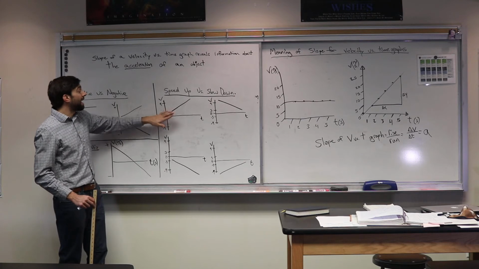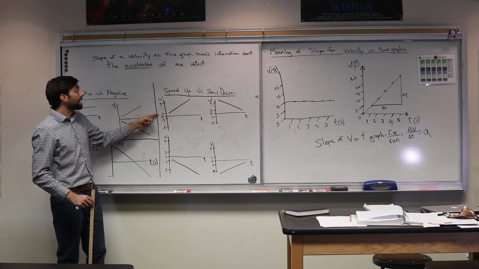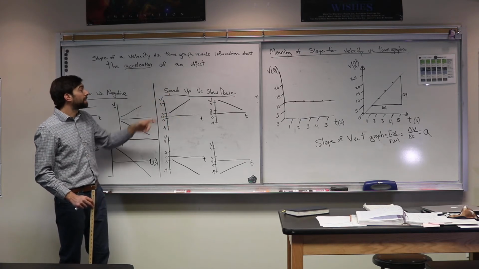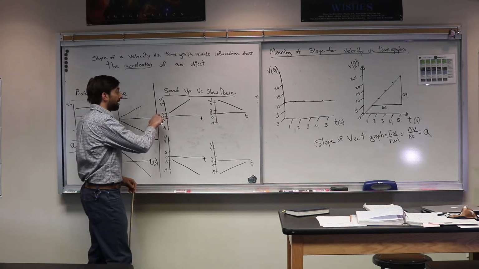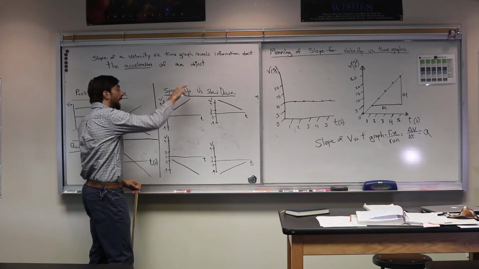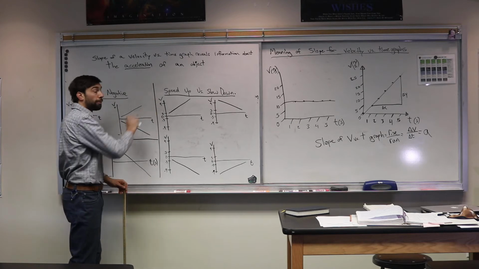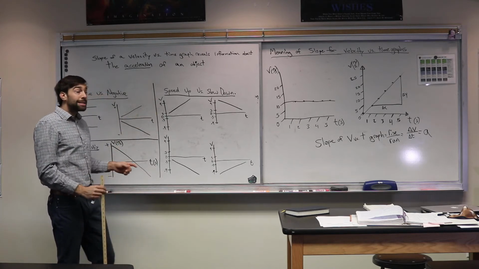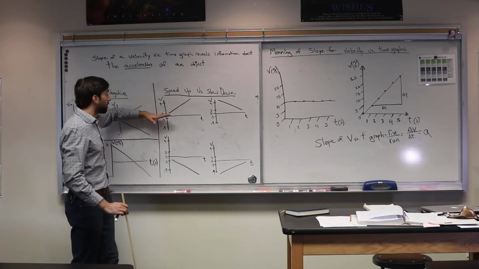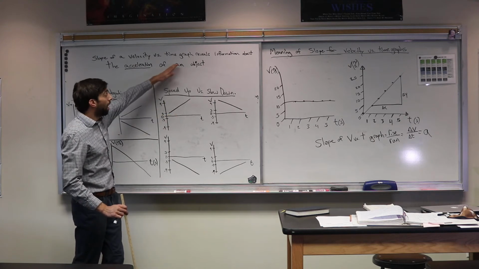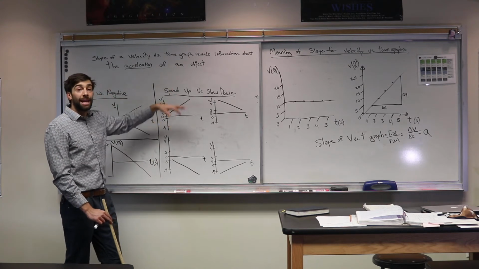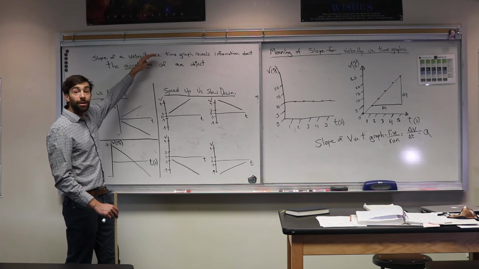Now, this line right here starts at 3 and goes up to 9. So we're starting with this value and we're going up to a positive 9 for our velocity. So I would say this is speeding up because we're going from the x-axis up and away from the x-axis, and our numbers are getting bigger and bigger.